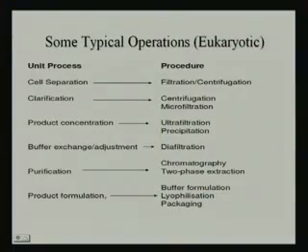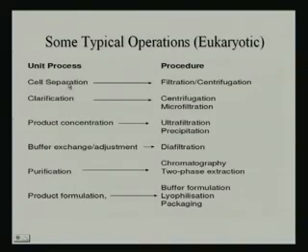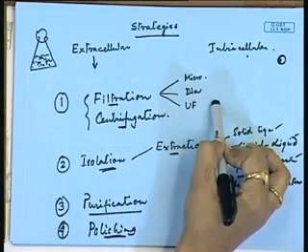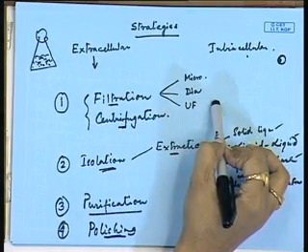If the unit process is cell separation, fermentation is over and we want to remove the cells from the fermented broth, we can adopt processes which include filtration and centrifugation. That means, I am talking about the first step, removal of insolubles.